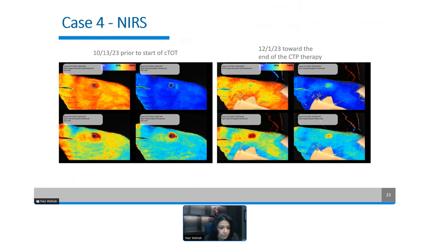You can see that we did get some sort of a topical response here of oxygen, mainly because we had been working on it for 6 weeks.